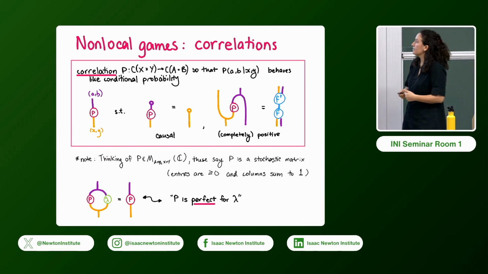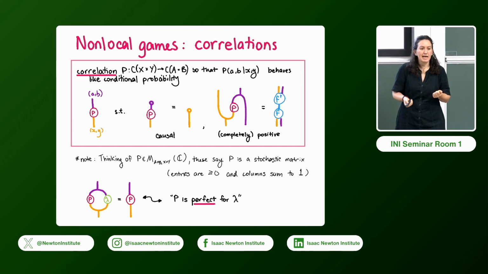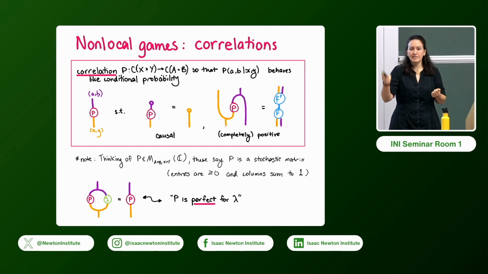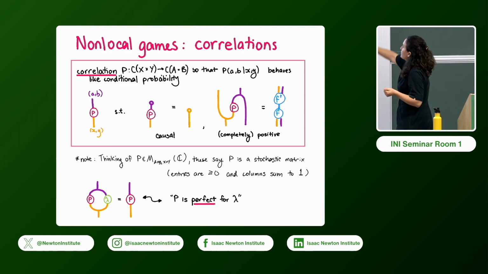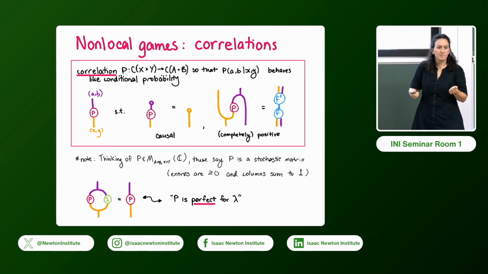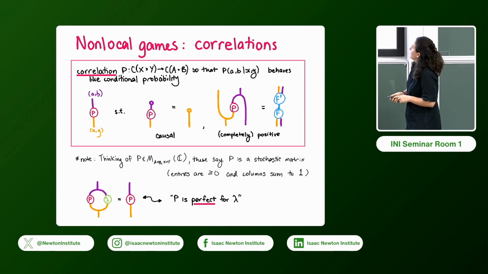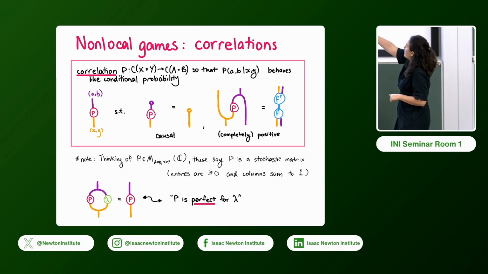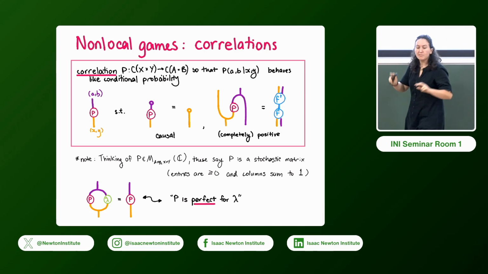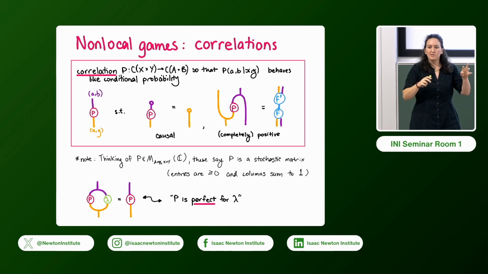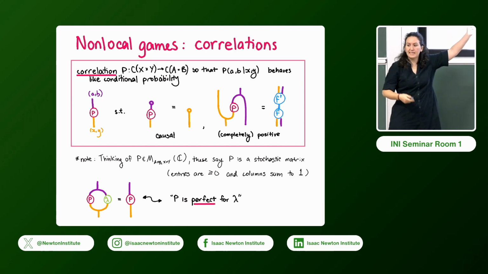You can also write down the notion of a correlation, which we will also think about as a matrix or as a map from functions on your question sets to functions on your answer sets. And the entries of this matrix are going to represent your correlation values. And this linear map has to have two properties. It has to behave nicely with this deletion operation, which corresponds to summing over columns of your matrix and getting 1.